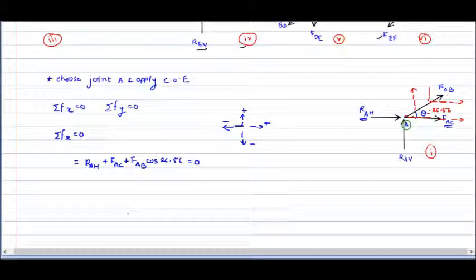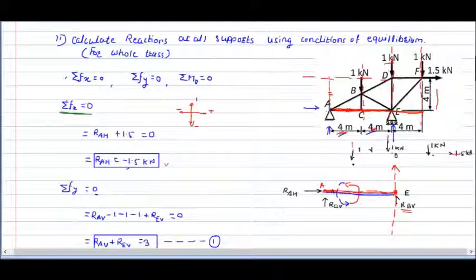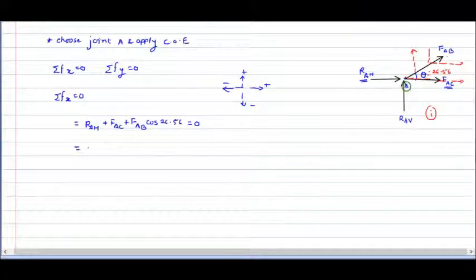In this equation, the first force is RAH, which we calculated earlier, and its value is minus 1.5 kilonewton. So minus 1.5 plus FAC, force in member AC, plus force in member AB cos of 26.56, is equal to 0 as per the condition of equilibrium.